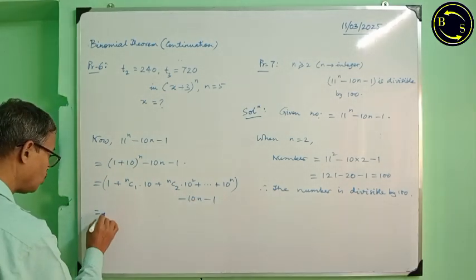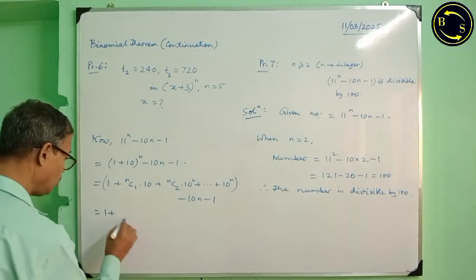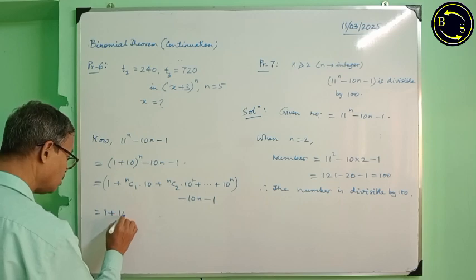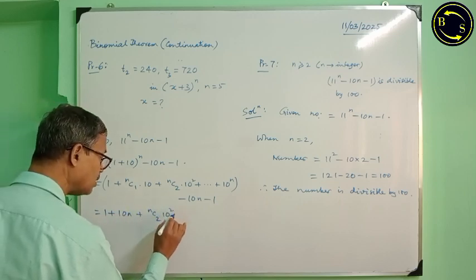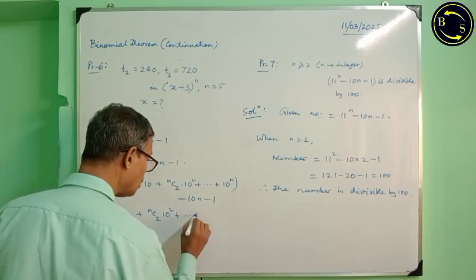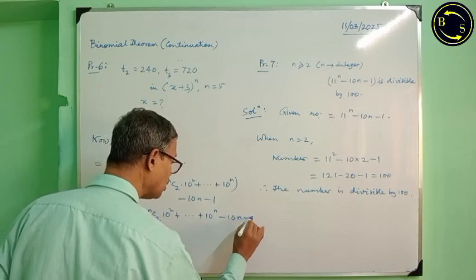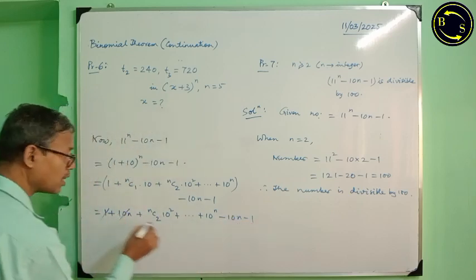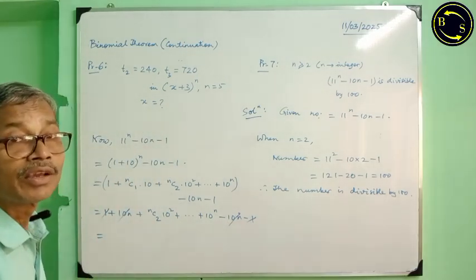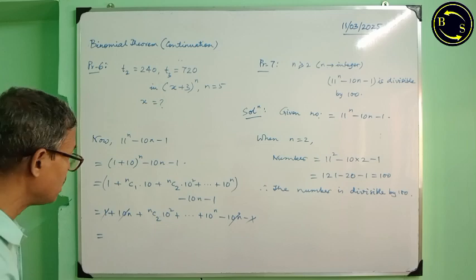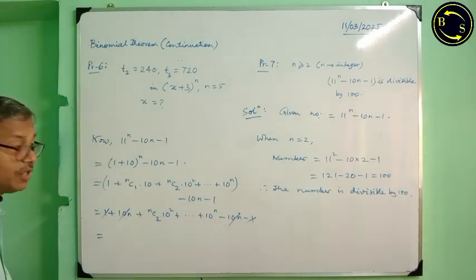Then on simplification it will be 1, nC1, if we simplify that, then it will be n, that is 10n, plus nC2 10 square plus up to 10 to the power n, minus 10n minus 1. We see these two are cancelled. Then n is greater than 2 integer, therefore all of these will be positive integers.